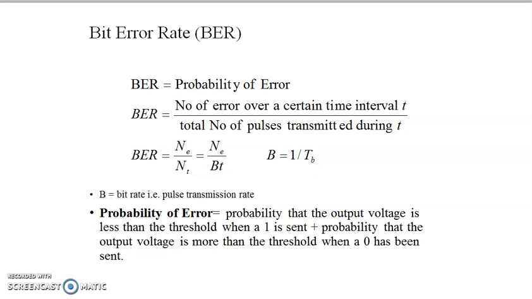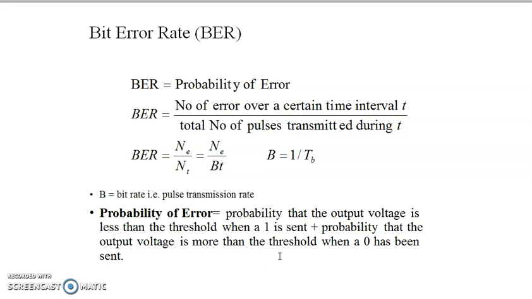We have seen earlier, 1 represents that a pulse is present, and 0 represents that no pulse is present. So we have the probability that the output voltage is less than the threshold when a 1 is sent, and the probability that the output voltage is more than the threshold when a 0 has been sent.